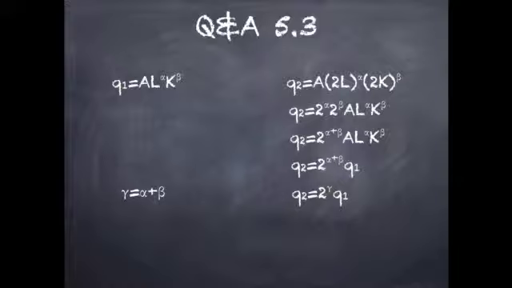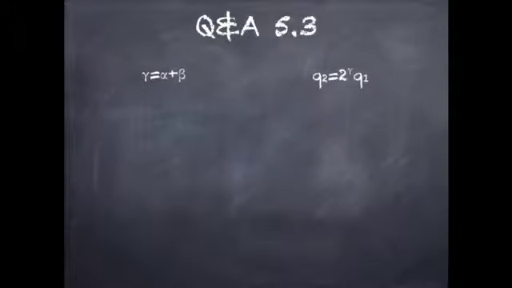All right, so we're going to see under what conditions we get constant, increasing, and decreasing returns to scale. Let's assume that gamma is equal to 1. That is, alpha plus beta is equal to 1.